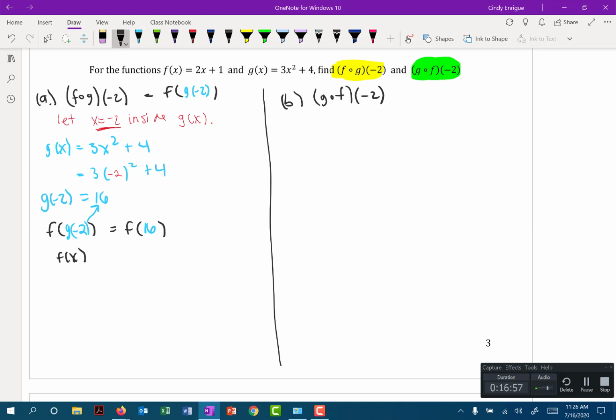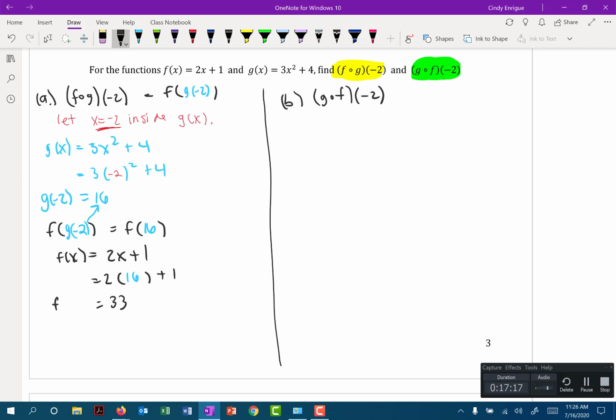So my f of x function is that 2x plus 1. So for that value of x, I'm going to plug in my 16. So 2 times 16 plus 1 is going to give me 33.